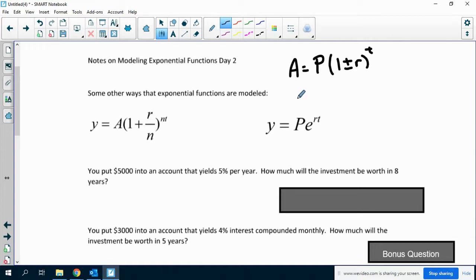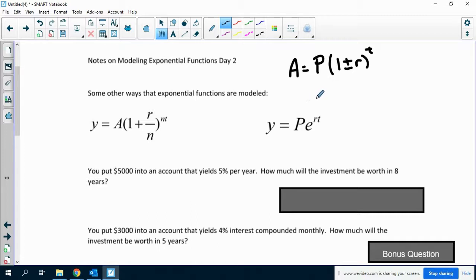So they may compound it daily or something like that. If they give you 5% interest, which is very high for any bank in this day and age, most interest rates in banks are well under 1%, well under a fraction of a percent, actually. But let's say it's just 5%.